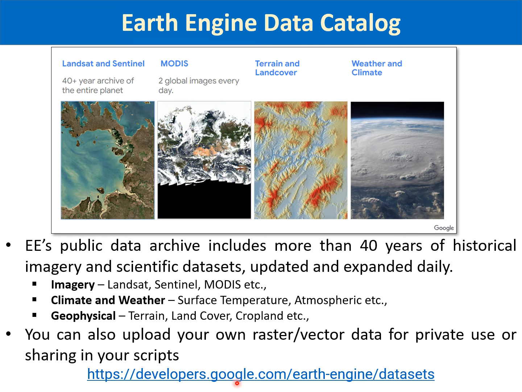And then you will find the Earth Engine data catalog is very extensive, consisting of all the Landsat, Sentinel, and MODIS multispectral imagery, and other data products of MODIS, and then digital elevation model data sets, land cover data sets, weather and climatic data sets. There are so many data sets which are available. Open access data sets are readily available in an analysis ready manner in the Google Earth Engine platform.